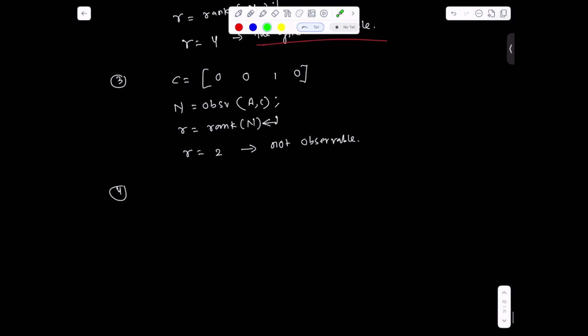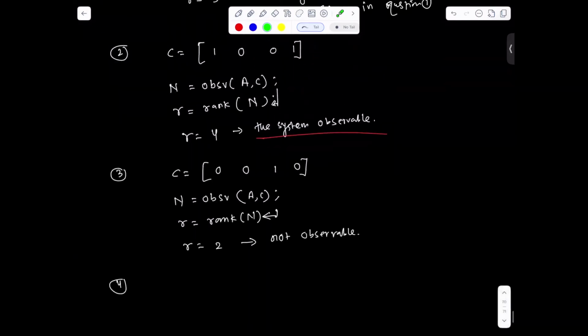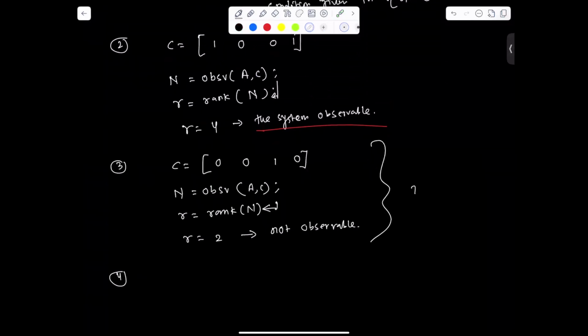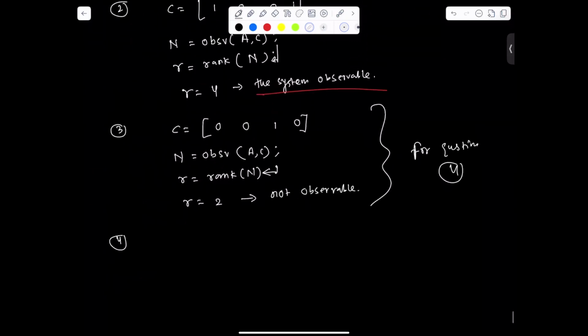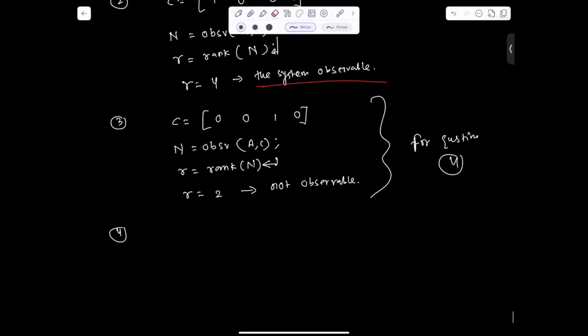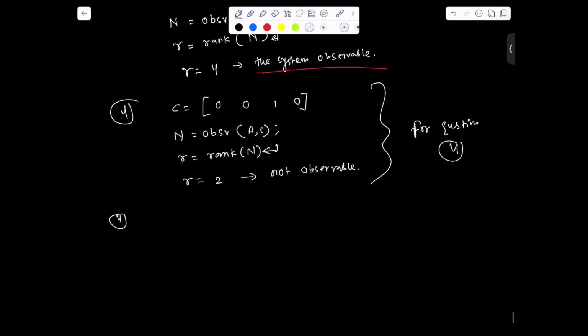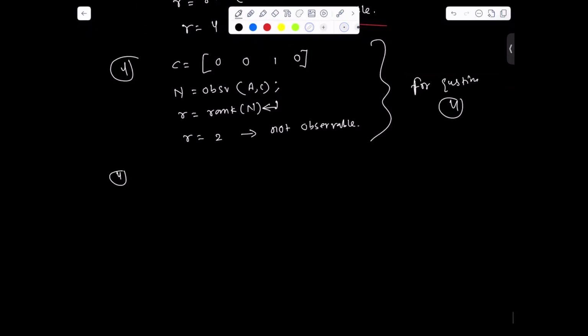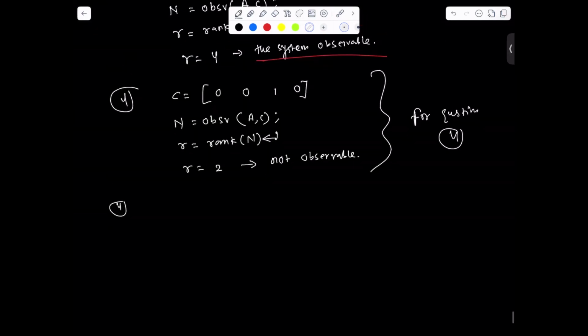Sorry, this is actually for question number 3, and question number 4 is different. Now, in question number 4, we are having only beta, right?